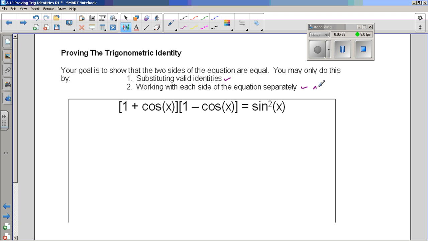There are easy ones and there are hard ones, but the idea is I start with the left side and I have the right side, and I'm looking for turning the left side into the right side. So the right side of the equation is sine squared x, and the left side is this bracket business.